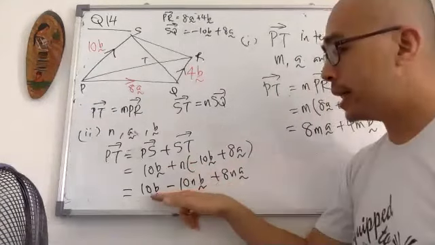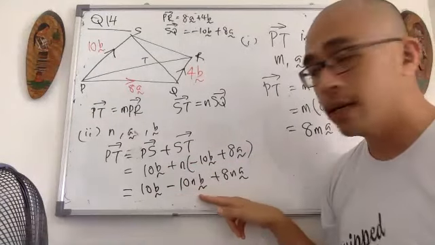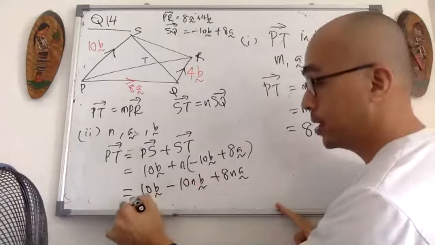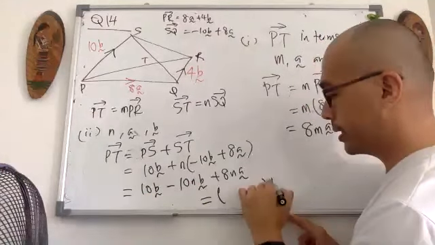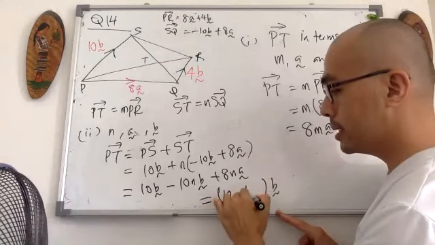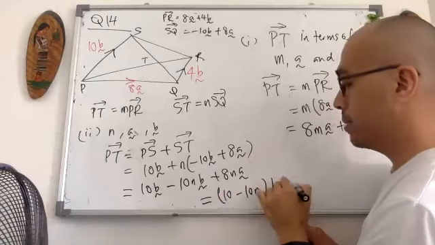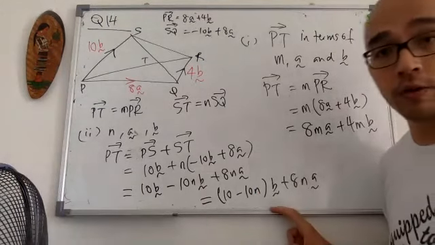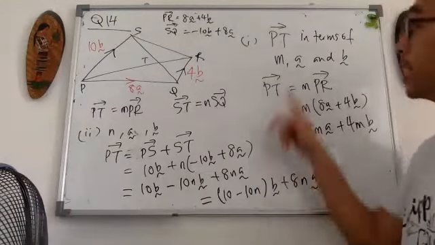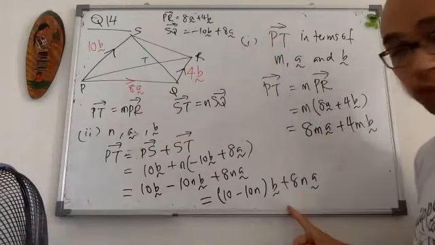So this 10B and minus 10NB, we have to factorize it out. So what you will get is vector B, this will be 10 minus 10N, plus 8N, vector A. And you will get this. So this is the answer for B1 and B2.